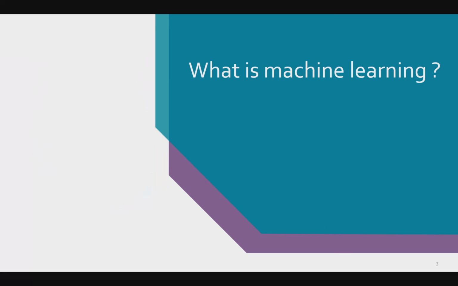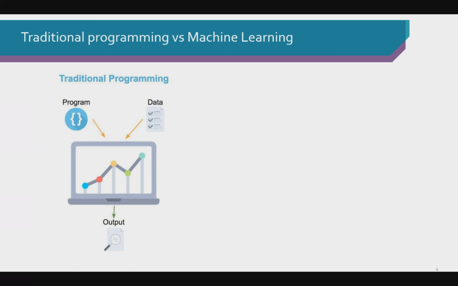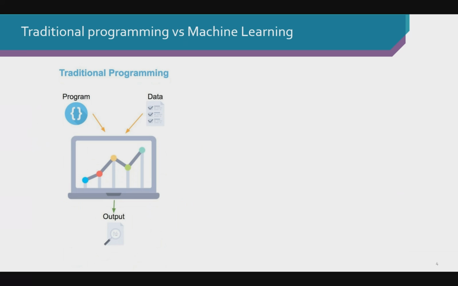Having said that, there are two models of programming. One is traditional programming and one is machine learning. So what do you do in traditional programming versus machine learning? In traditional programming, you write a program and you supply some input, and then you get an output of the program.